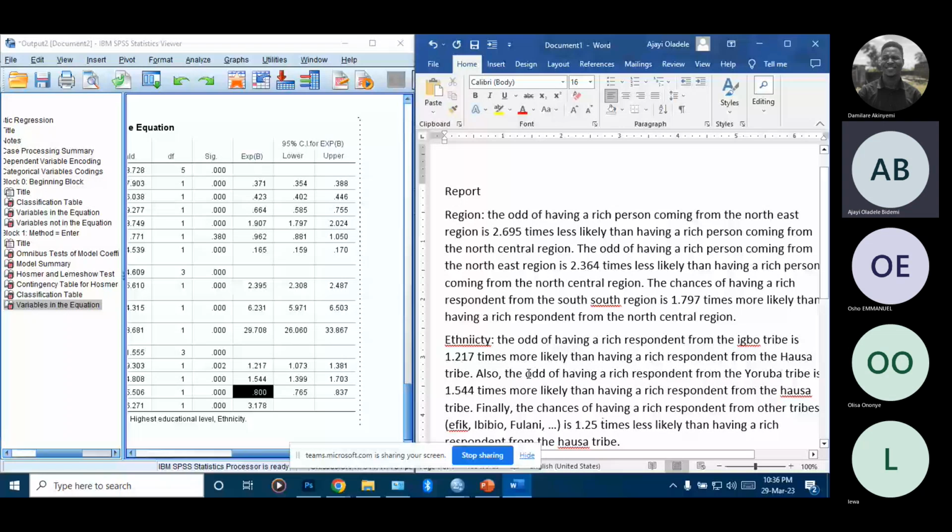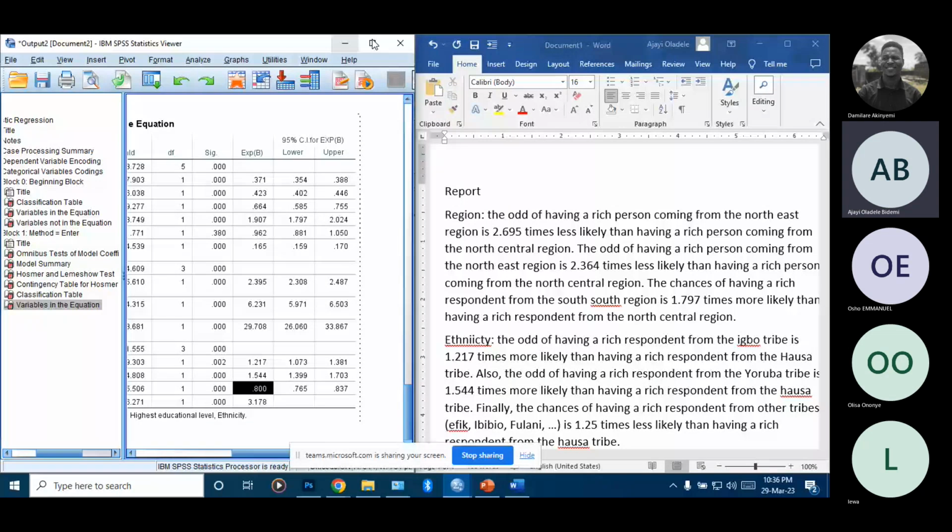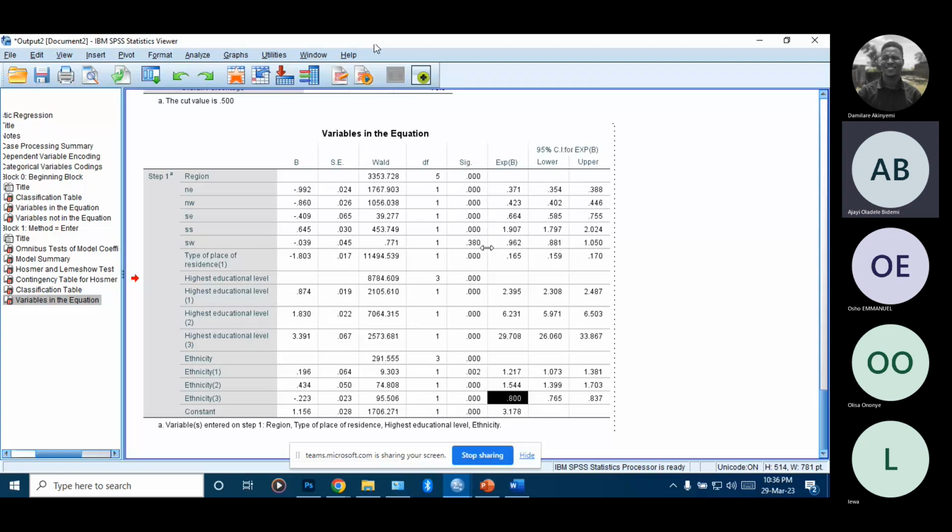However, in some cases, you don't interpret the ones that are not significant. For example, the Southwest here is not significant because the p-value is greater than 0.05. So it might not be necessary to interpret the Southwest.